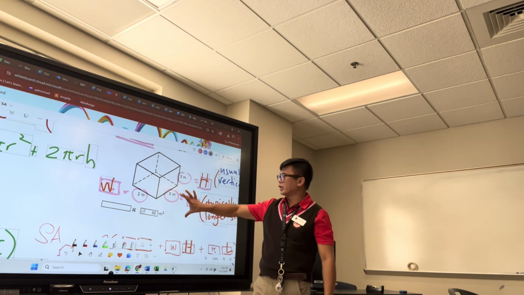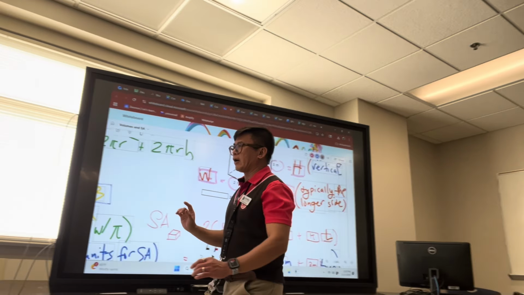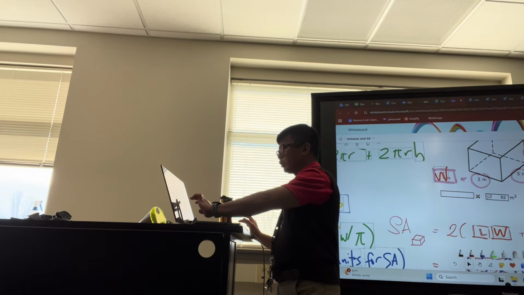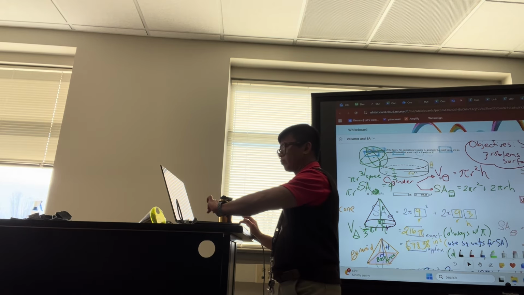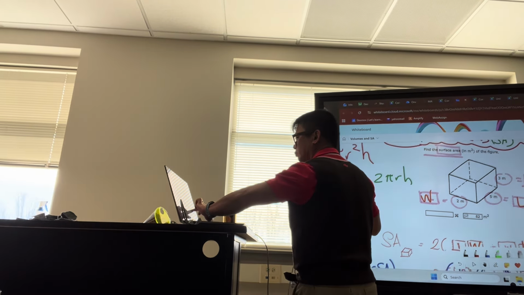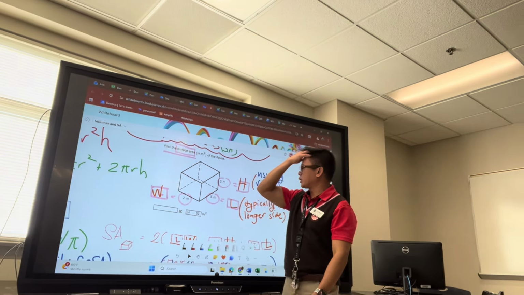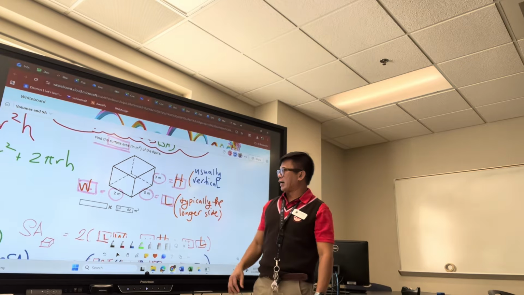However, in this case, to get the surface area of this prism, what do we do? Let's do this. To get the surface area of this prism, what we're going to do with the length, width, and height is as follows.